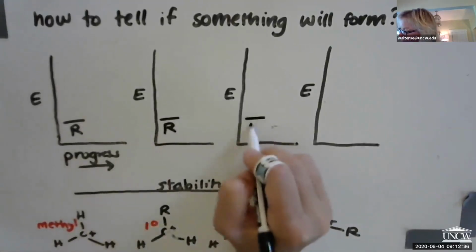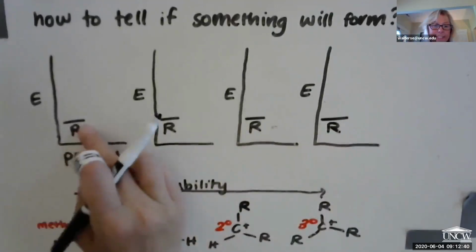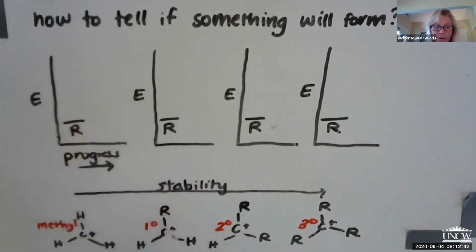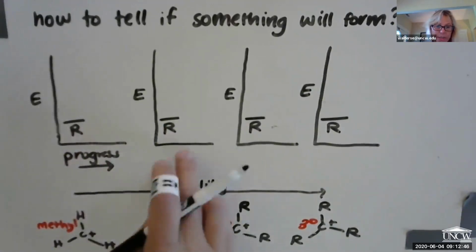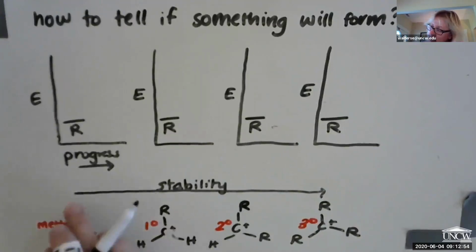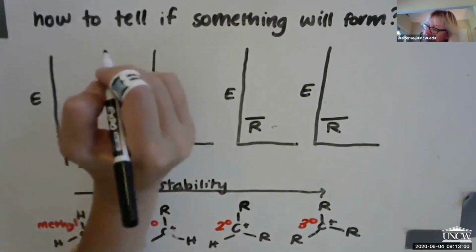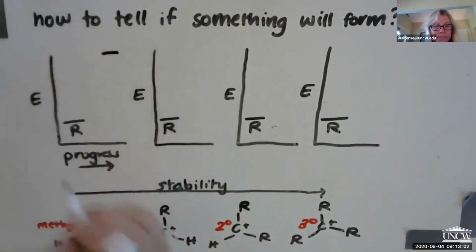So we're going to put the reactant molecules here, and something has to happen to this reactant in order for the methyl carbocation to form. Something would have to happen to this reactant to form the primary carbocation. If something has low stability, it has high instability, which means it's a high energy species.